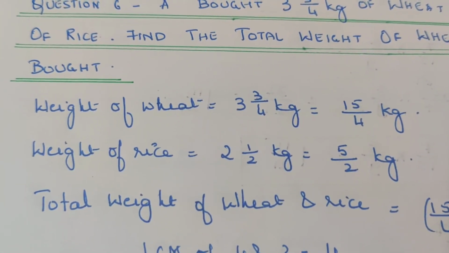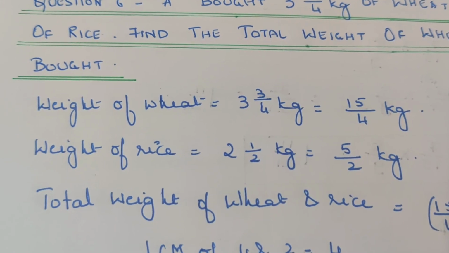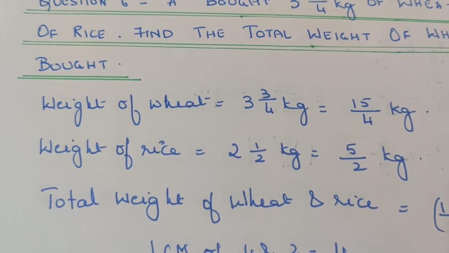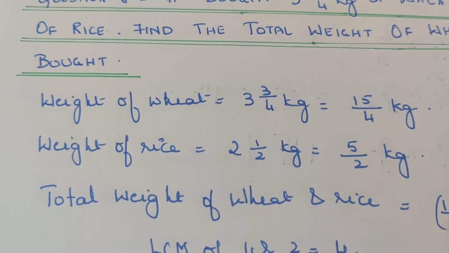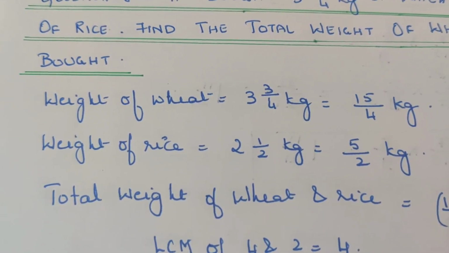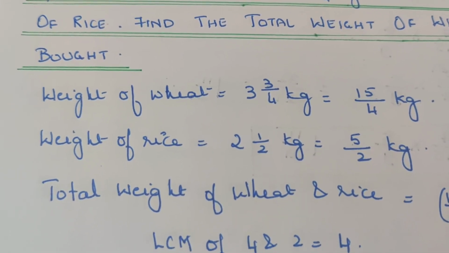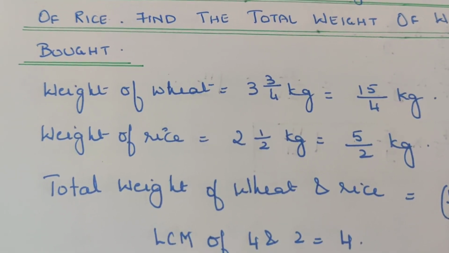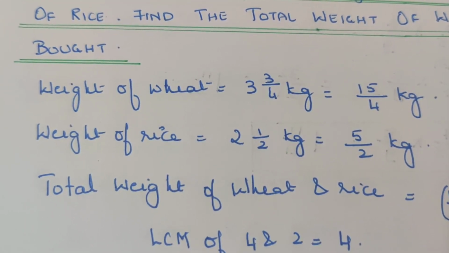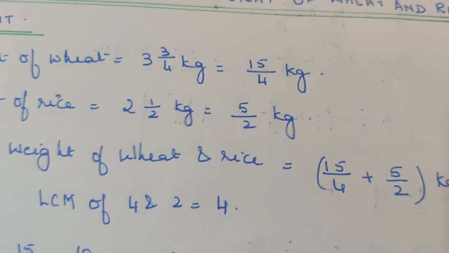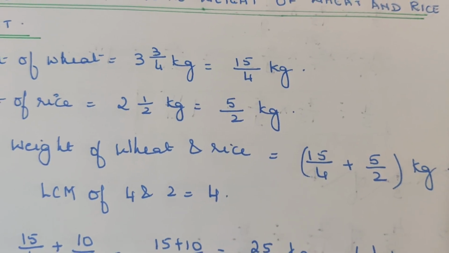That is equal to, when you convert it into improper fraction, 15/4 kg. Weight of rice is equal to 2 1/2 kg. That is equal to 5/2 kg when you convert it into improper fraction. Therefore, total weight is nothing but you will have to add both of them. Total weight of wheat and rice is equal to 15/4 plus 5/2 kg.